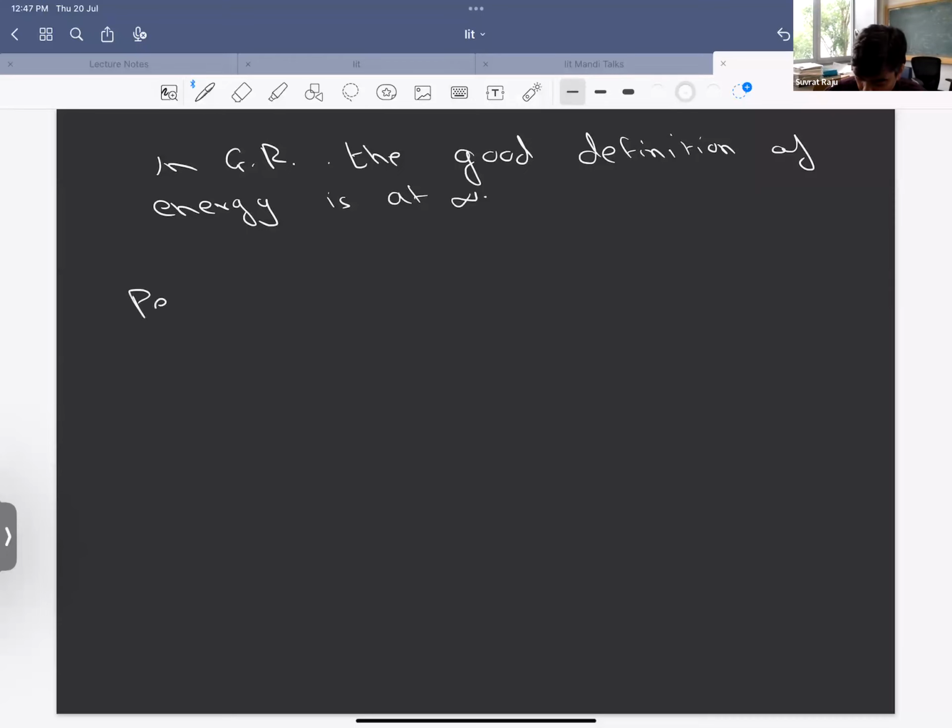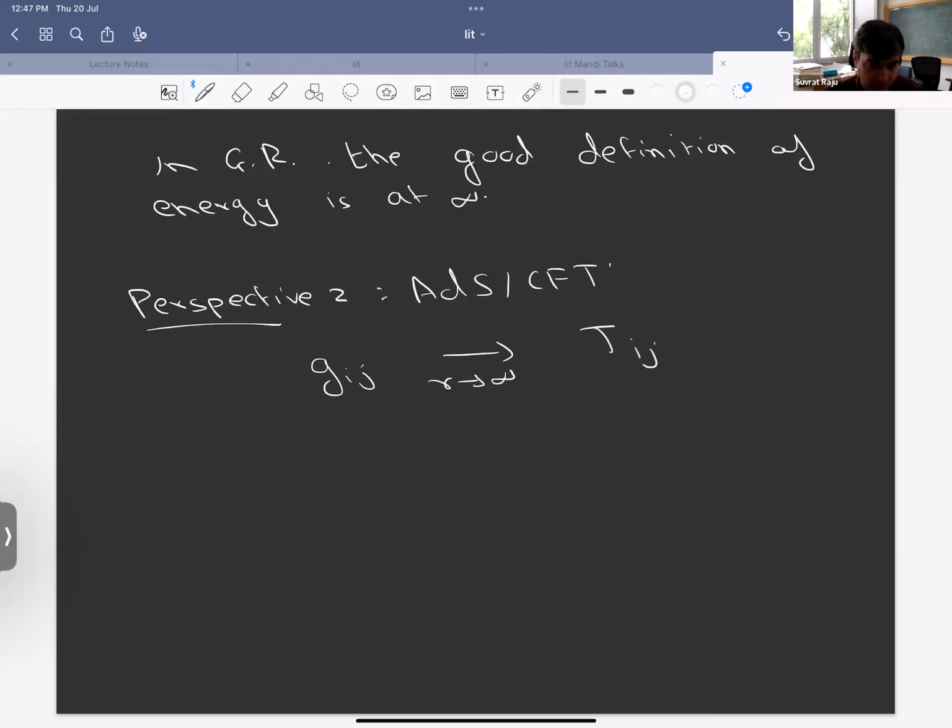Okay. Let me say this in another way for those of you who are more familiar with AdS/CFT. In AdS/CFT, we have a metric operator in the bulk. If you take the boundary value of the metric operator and scale it with the right power of r, this gives you the stress tensor on the boundary.